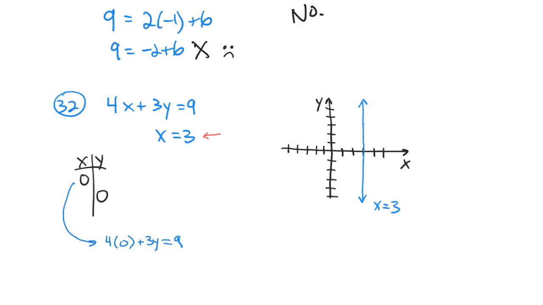When x is 0, we're going to find the y-intercept, remember. So 4 times 0 is 0, so 3y equals 9. So you divide by 3, and you get y equals 3. So that means this is the point 0, 3. So I'll put the point 0, 3 on here. So x is 0, y is 3, so that's right here.